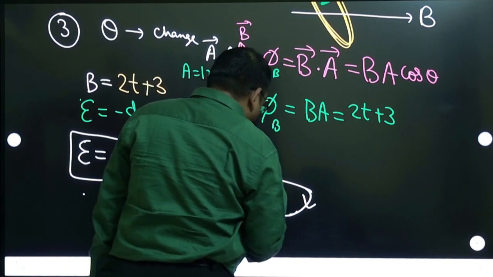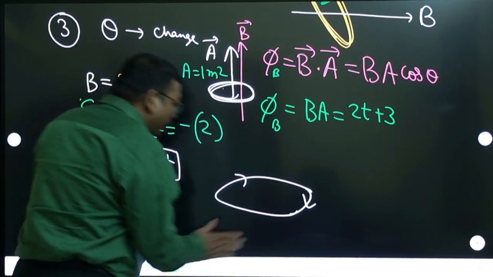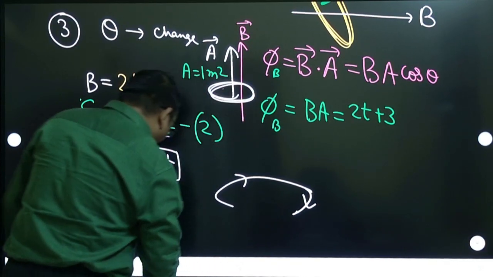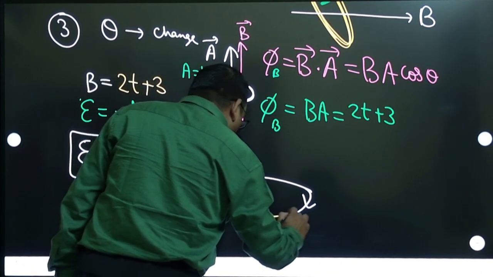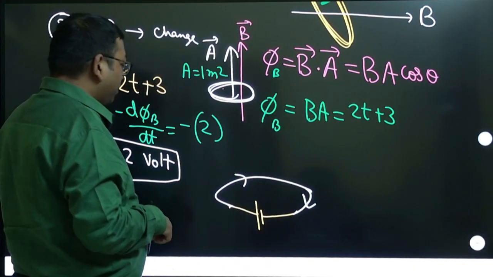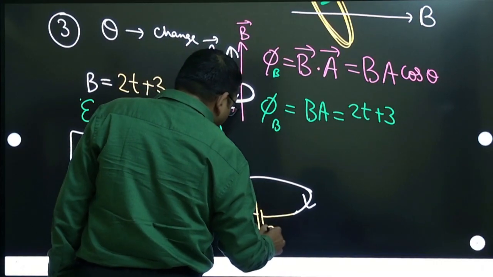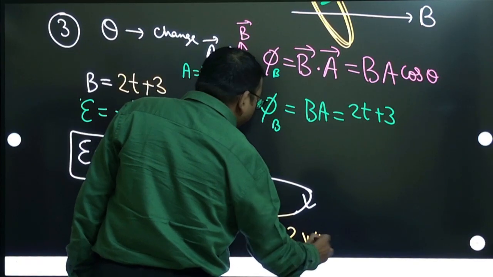So this should be the current direction, the induced current. Now to have this induced current, you can keep a battery like this. We are seeing from the top, this is the top view. This is how a battery should be connected, and the battery has EMF magnitude, which you can write as 2 volt. Clear?